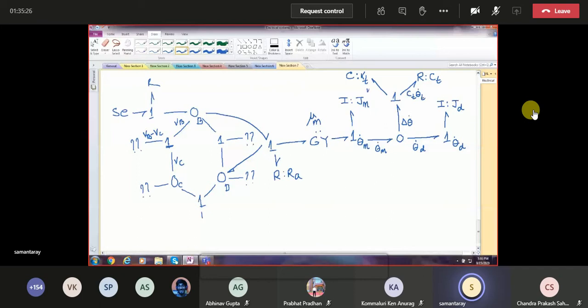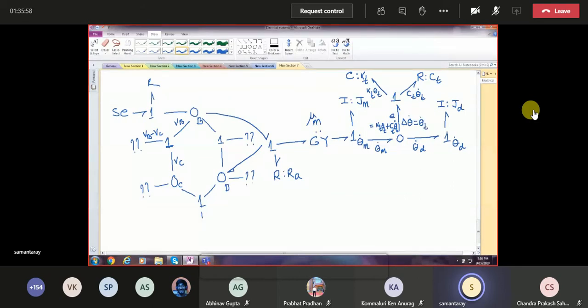This gives Kt theta t. And because it is one junction, what do we know? That this also does algebra of forces. That means, what is the effort here? Effort here is basically Kt theta t plus Ct theta t dot. This is delta theta dot or delta theta t dot.